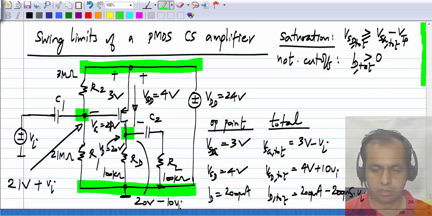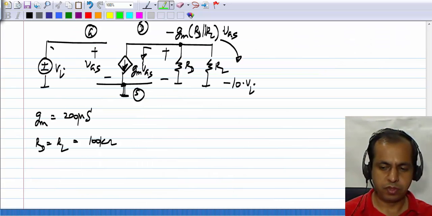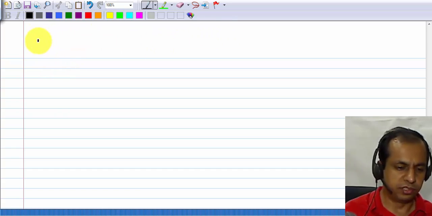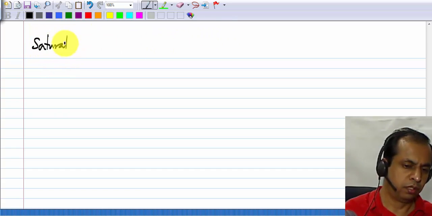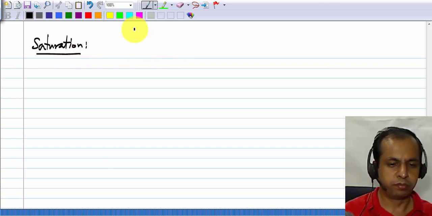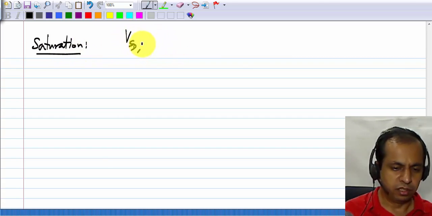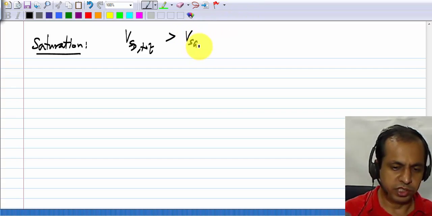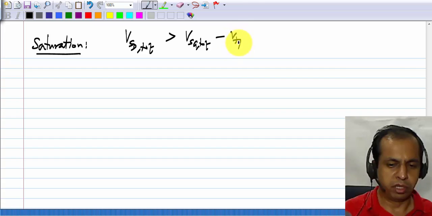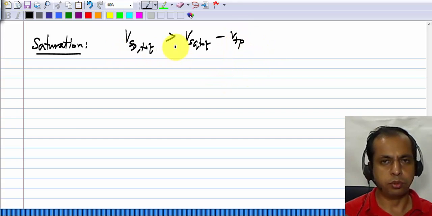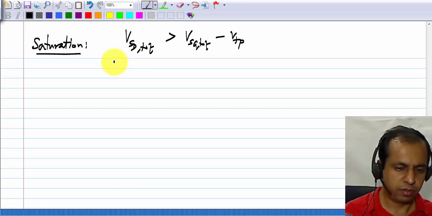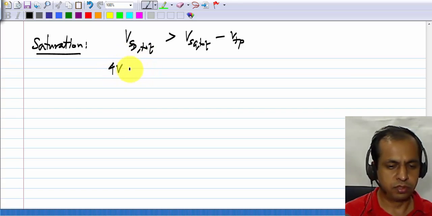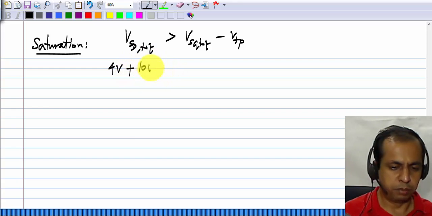So what does that mean? First, let's try to keep the transistor in saturation region. It will be in saturation if VSD is greater than VSG minus VT, and VSD total is 4 volts plus 10 times Vi.